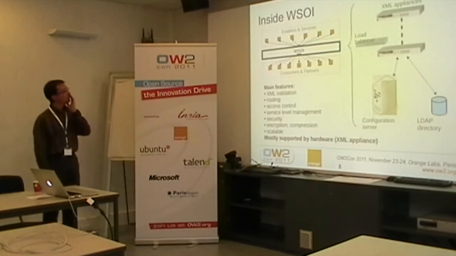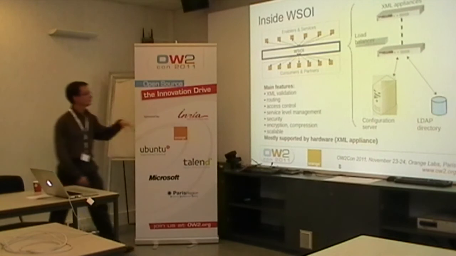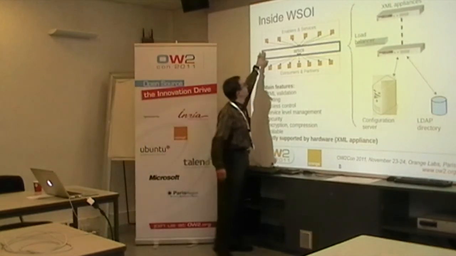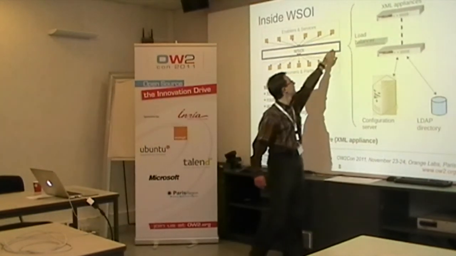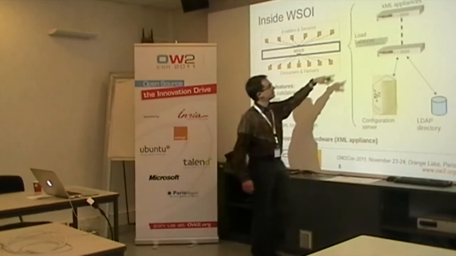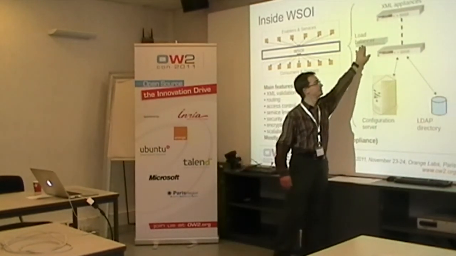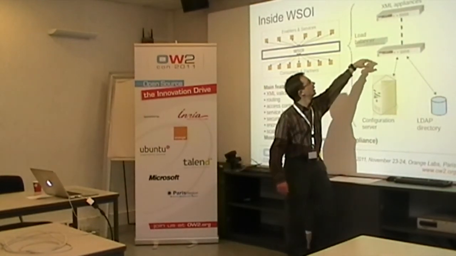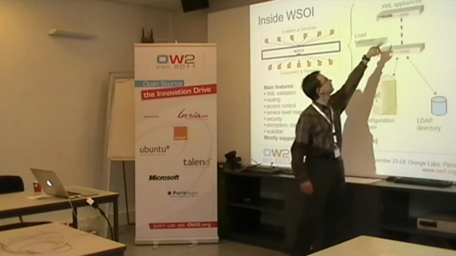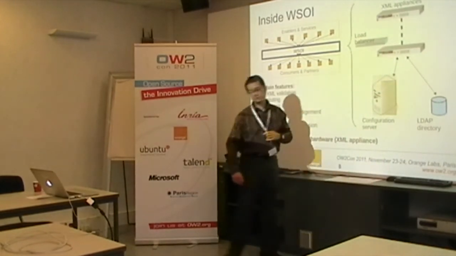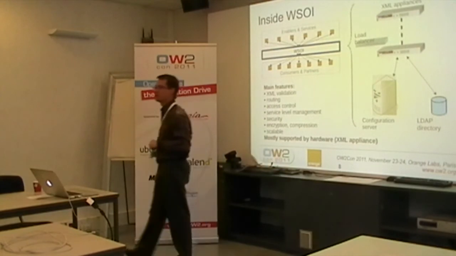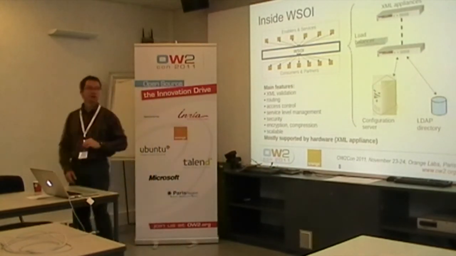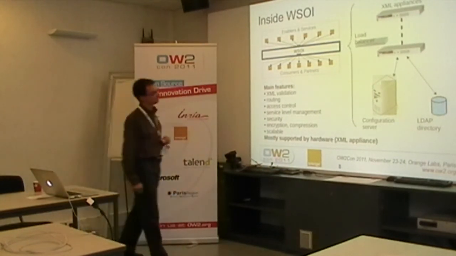So how is this infrastructure built? If we focus now on this block infrastructure, first there is a load balancer. This is a hardware load balancer, and then after you have XML appliances, which means it is hardware that will analyze the XML flows.